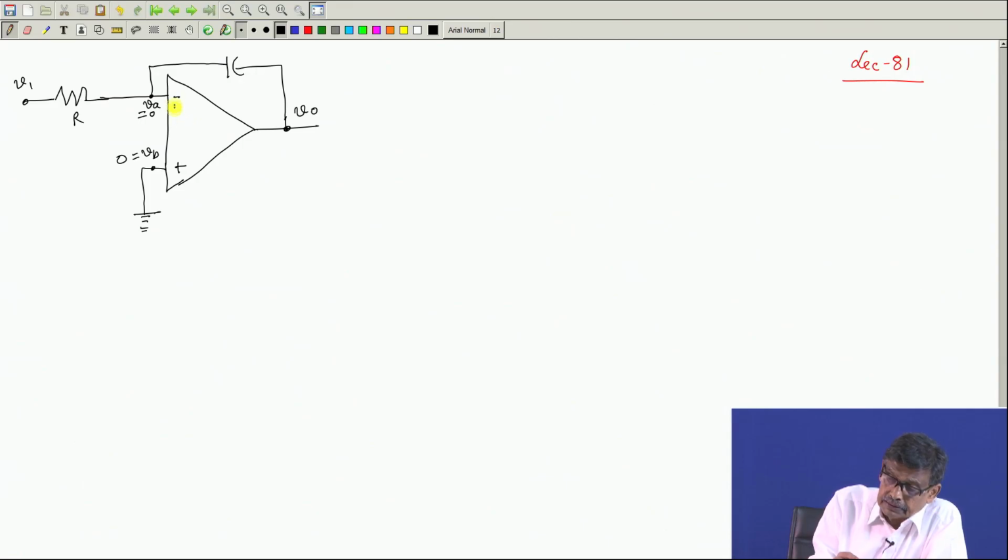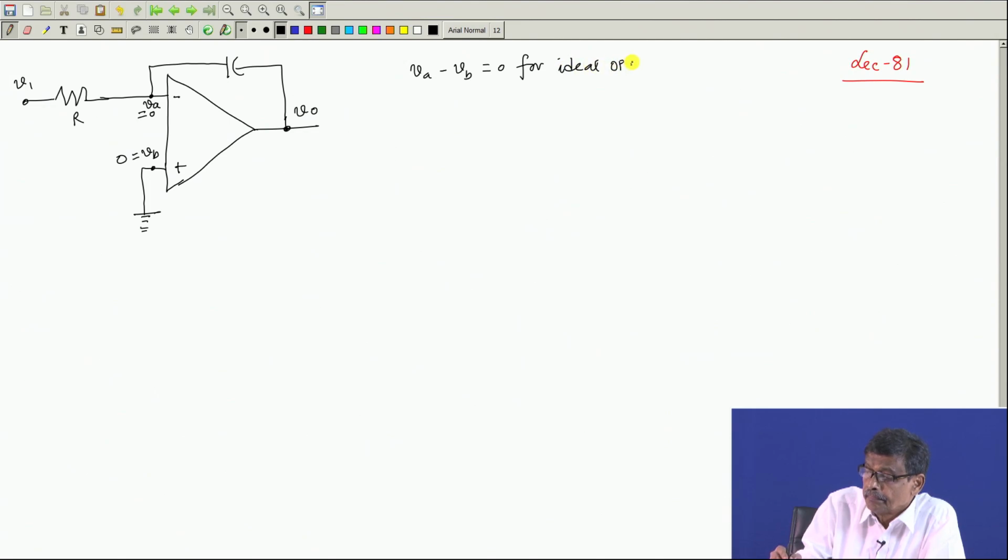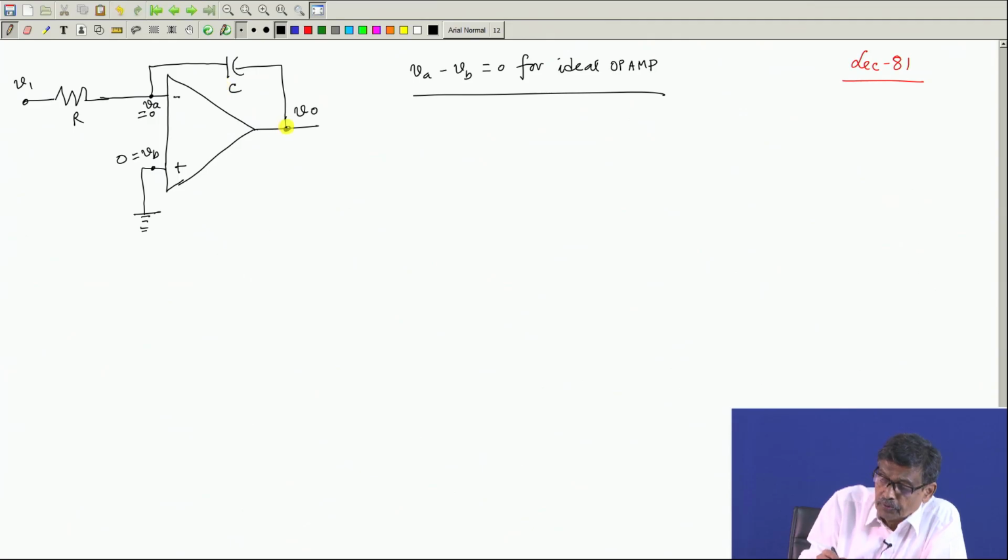Because the voltage drop between these two points, V A minus V B, is equal to 0 for an ideal op amp. There is a negative feedback through a passive element C. So, output voltage will be finite and we want to find out the relationship between output and input voltage.